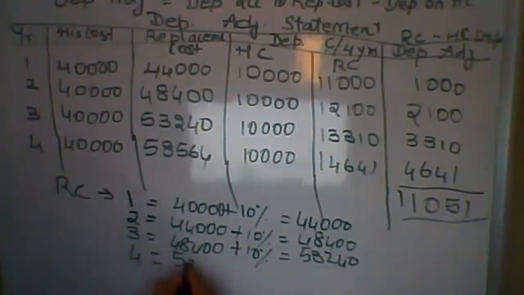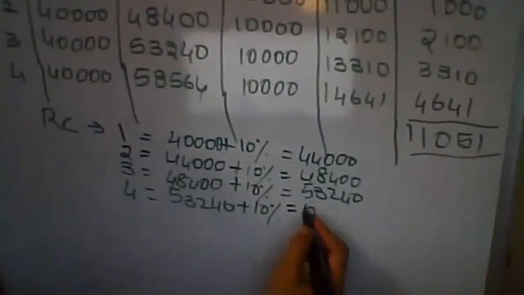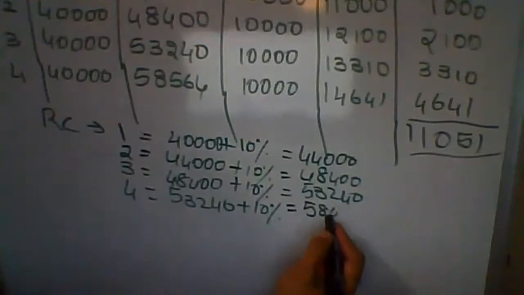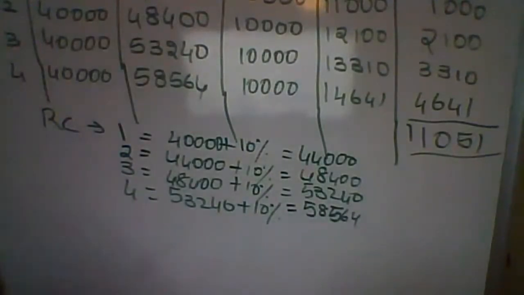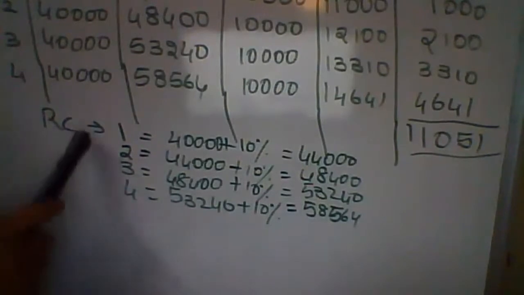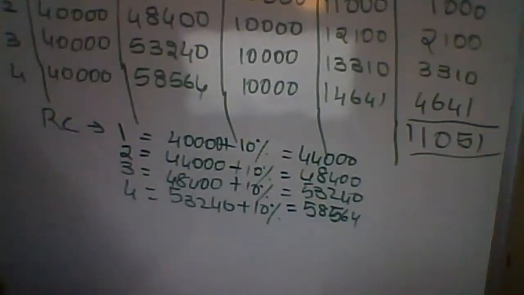Year 4: 53,240 plus 10%, 58,564. So that way we have calculated the replacement cost values.